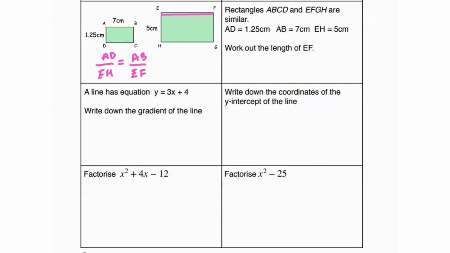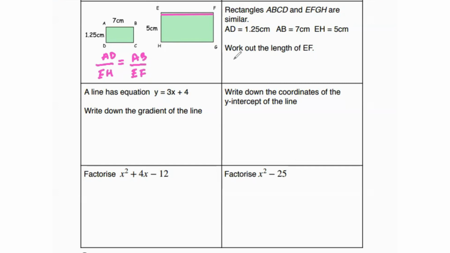One thing you need to make sure of when you're making the fractions is that we took the length of ABCD in the numerator in the first fraction. So in the other fraction, the length of ABCD would be in the numerator, not of EFGH. That's why AD was the numerator in the first fraction, so AB was also the numerator in the second fraction. You have to be very careful about that.